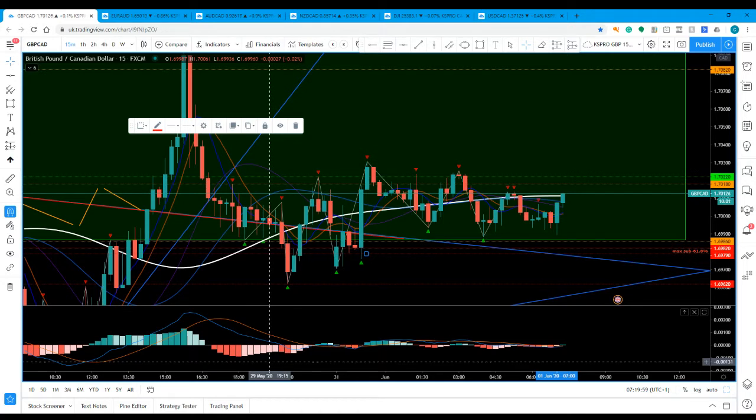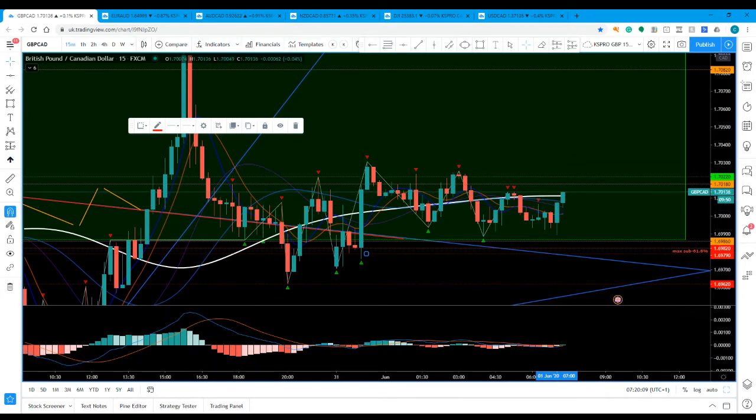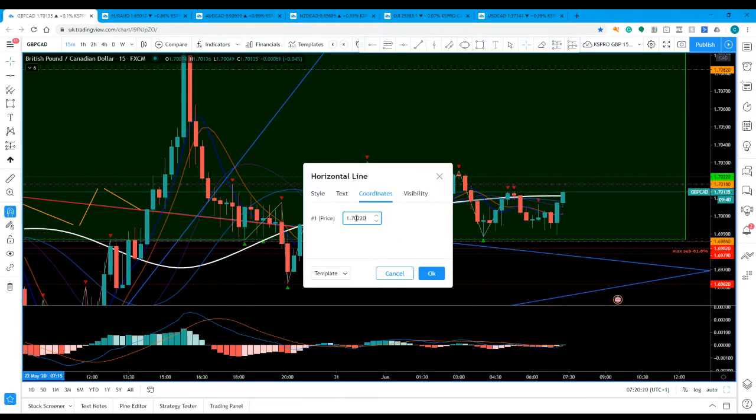So 36 pips in risk, which means I should be going after 54 in reward, which means 7072. So I'm just going to repurpose this line right here. 7072.